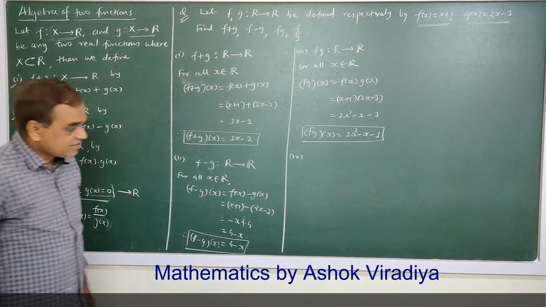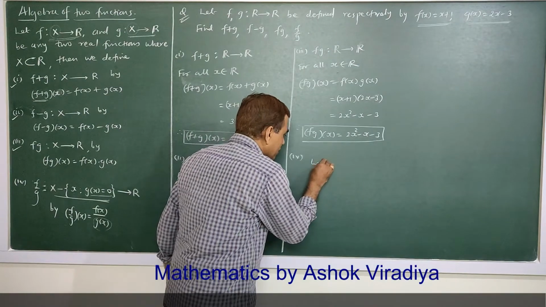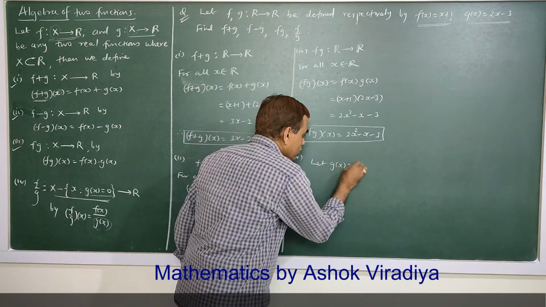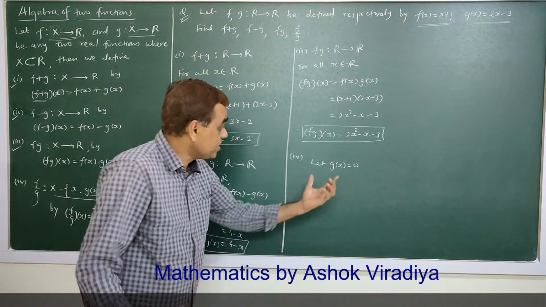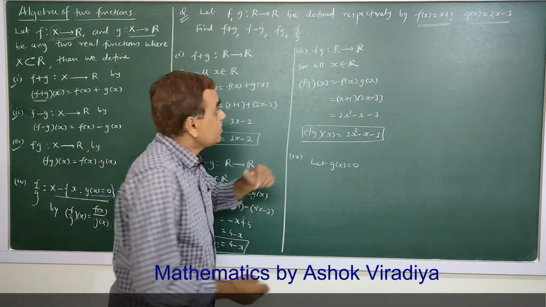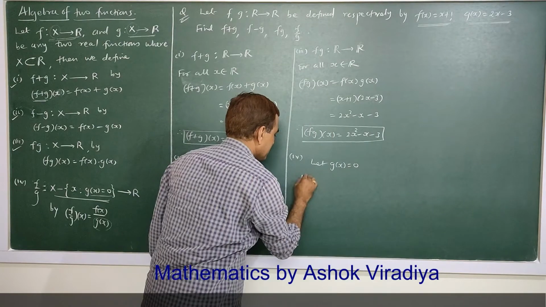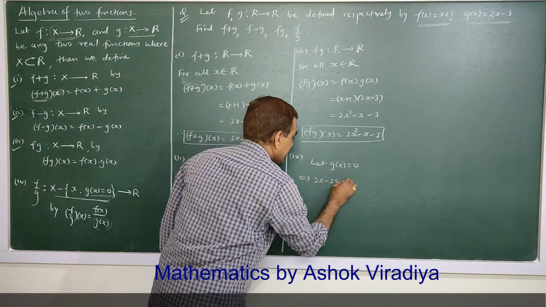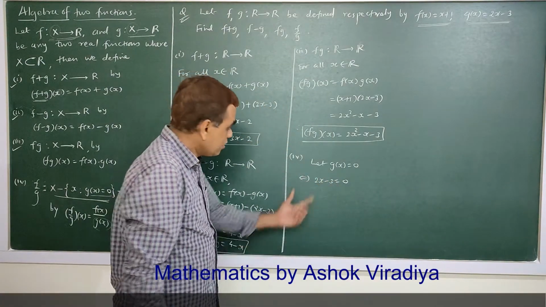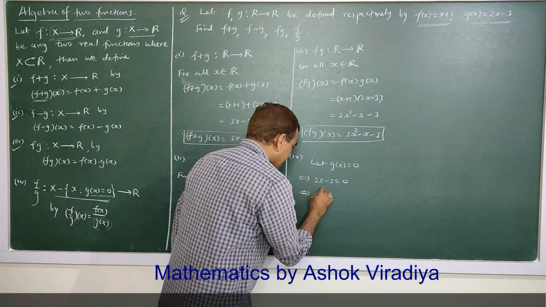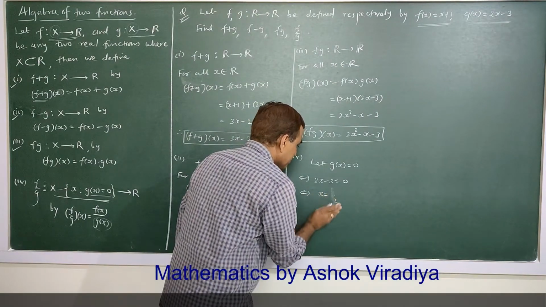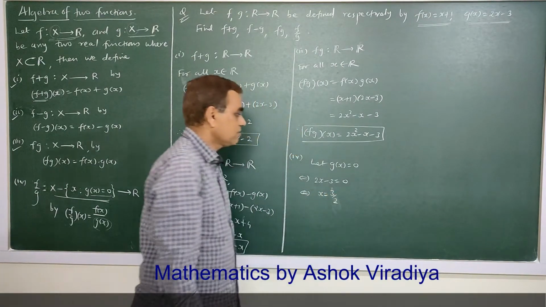So let us check: g(x) equal to 0. We solve this equation to find for which value of x g(x) is 0. So g(x) is 0 means 2x minus 3 is 0, which implies x is 3 by 2.